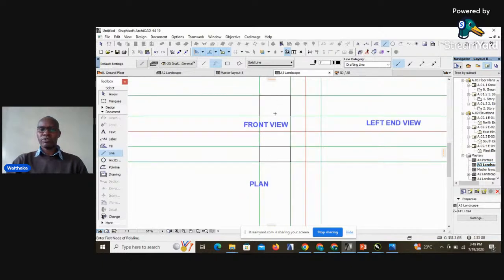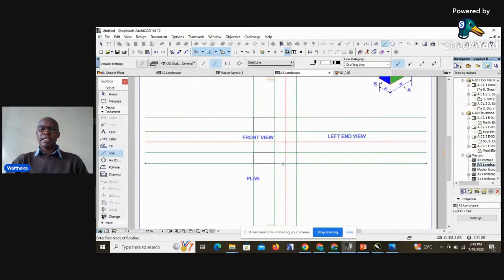So we have a front view there, we have our plan directly below it. And now for us to generate the end view, remember we said that our end view in first angle projection will always be opposite the front view.